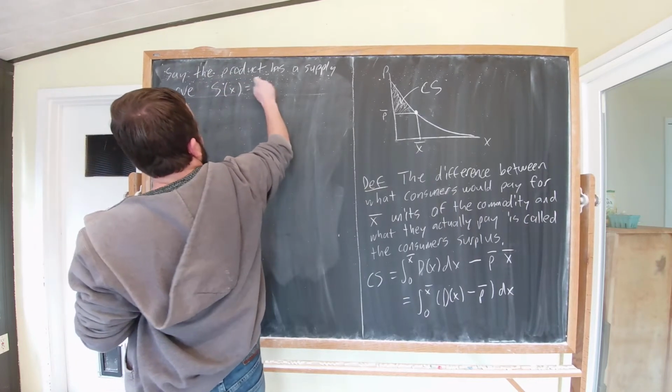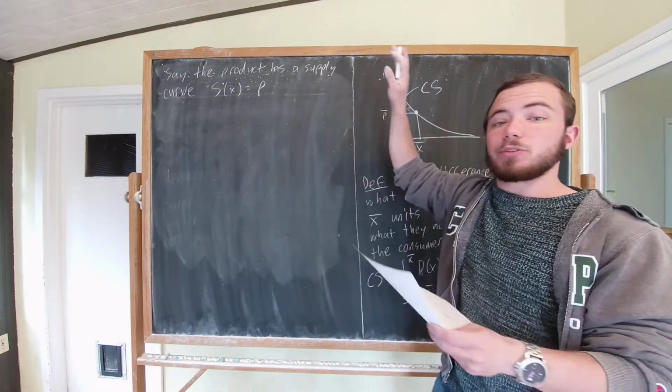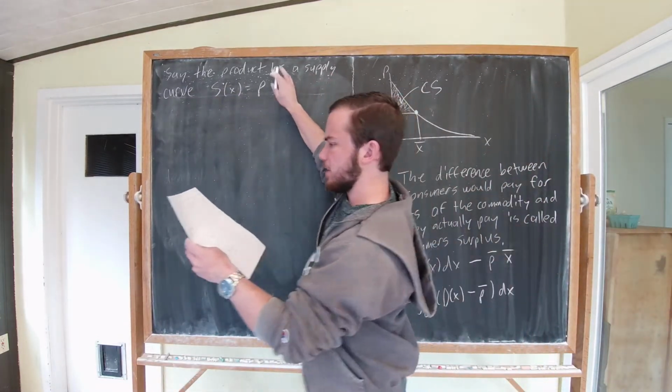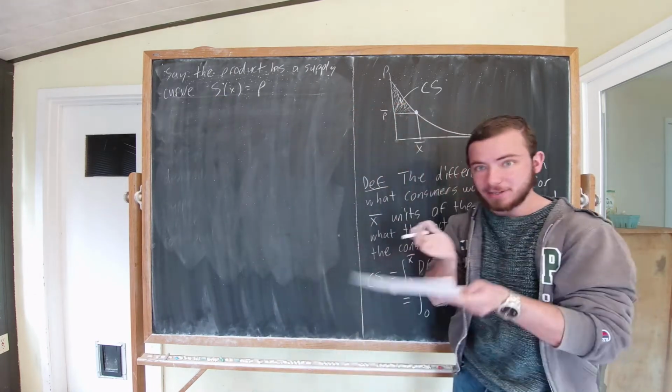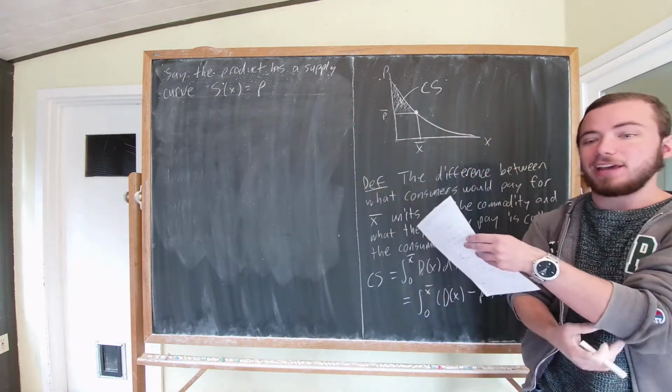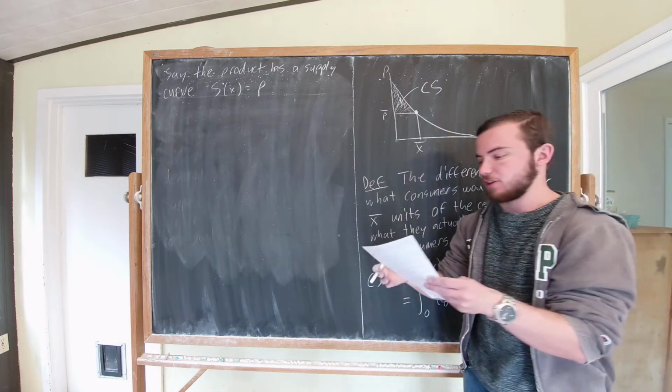And again, that'll be equal to P, because it's going to relate unit price and quantity supplied, the amount that suppliers are putting out into the market when the price is this much.